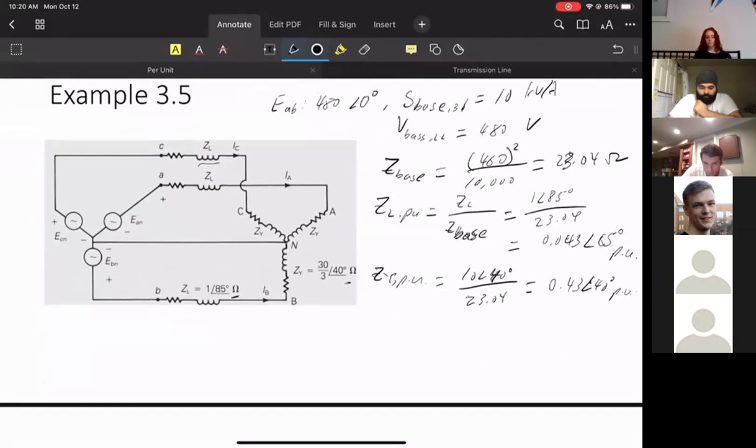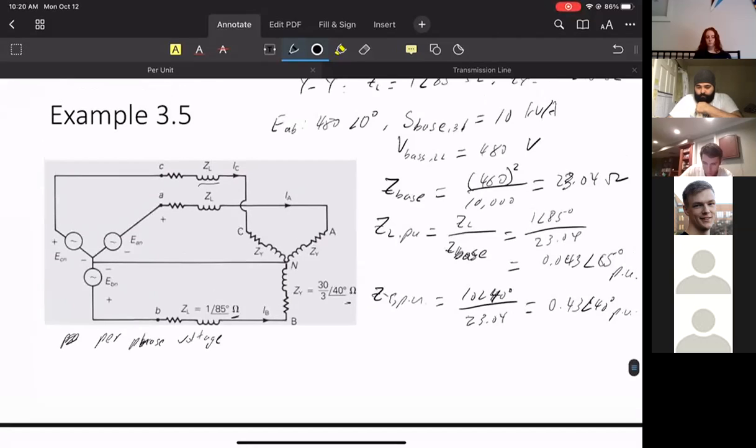So now let's do the following. Let's see what the per phase voltage is. Here we're given the line-to-line voltage, which is 480. So how do we convert that to the per phase voltage?